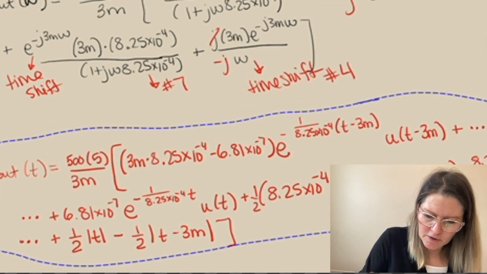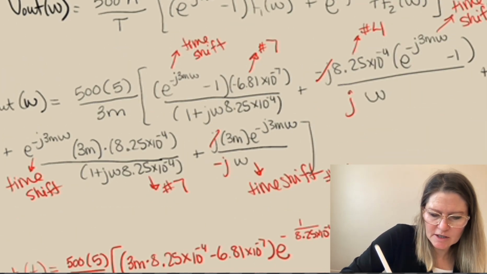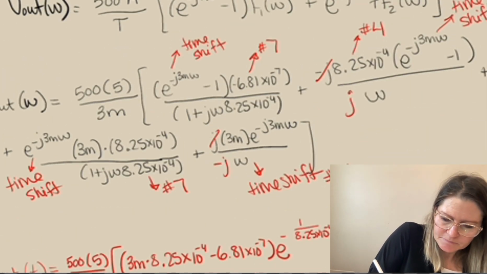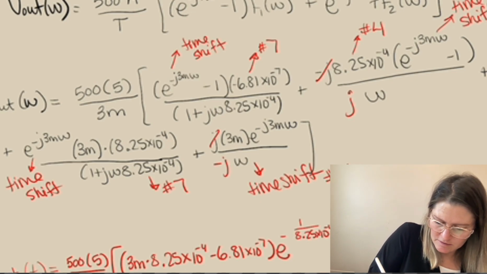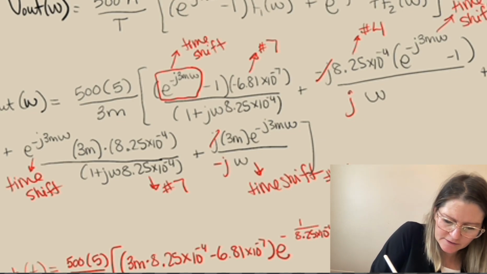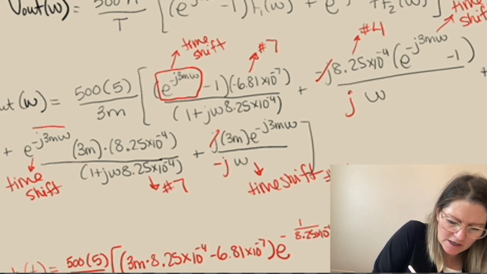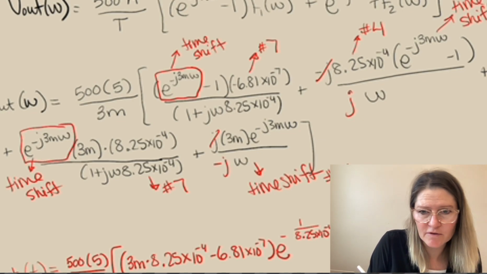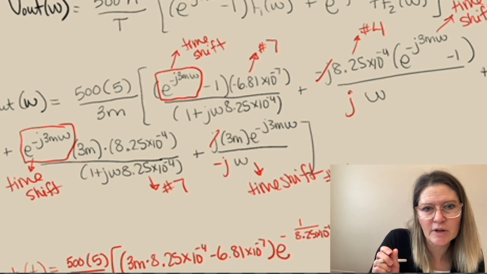All right, so what I notice here is that I have several that have time shifts. So I have this quantity as a time shift of number 7 and this one as a time shift of number 7. So I can combine those as one.